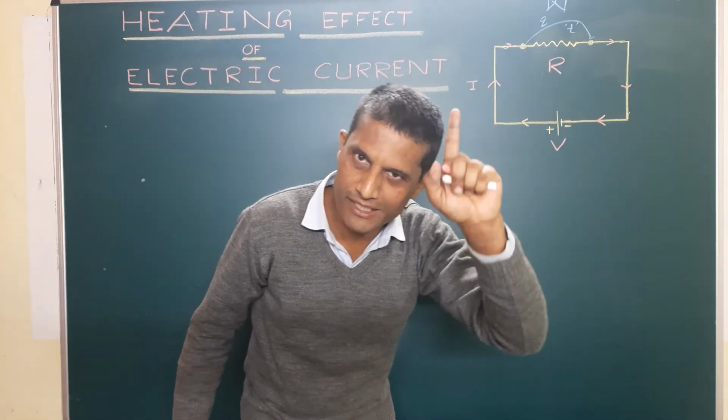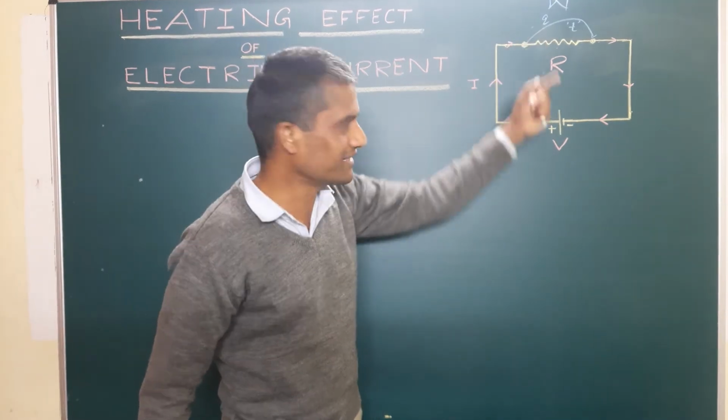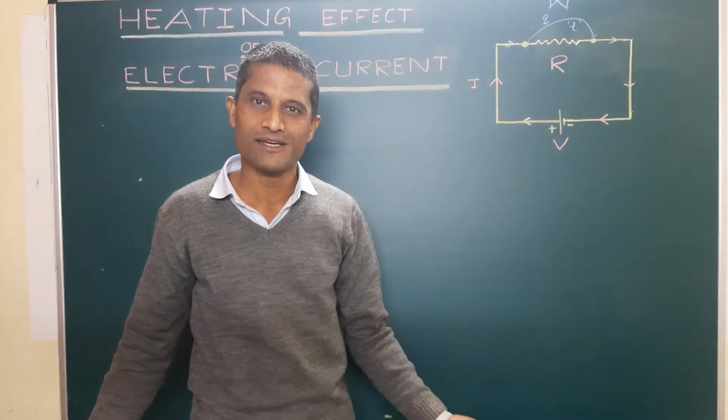In order to make the current flow through the resistance wire, work is required to be done under the action of potential difference V.